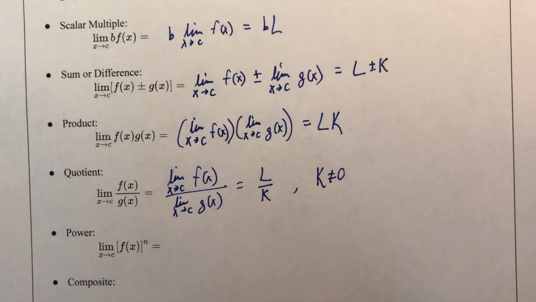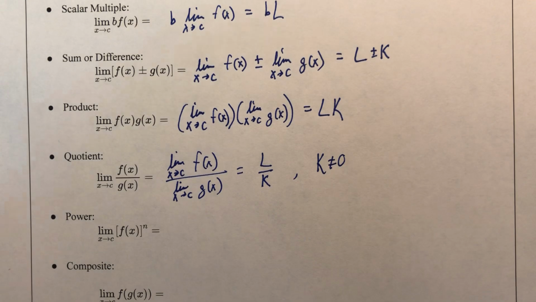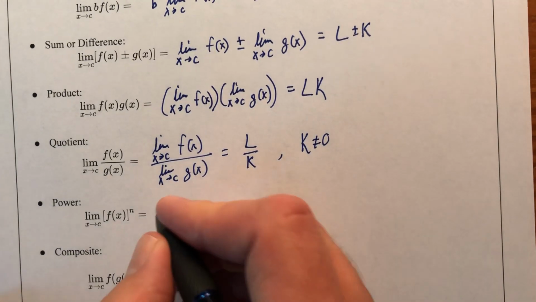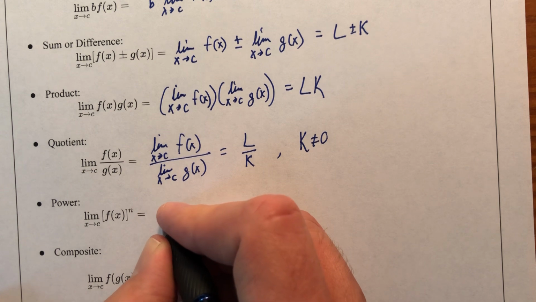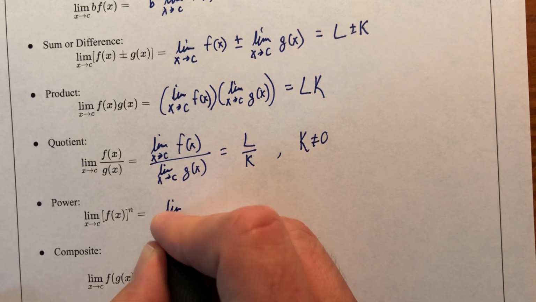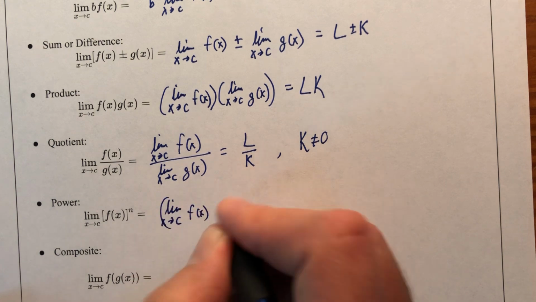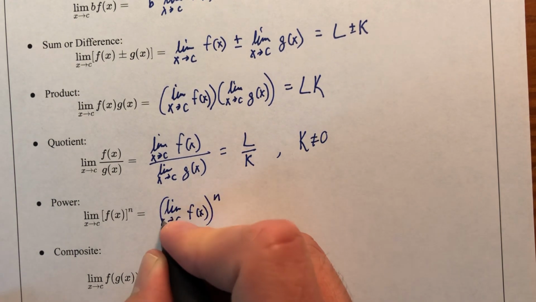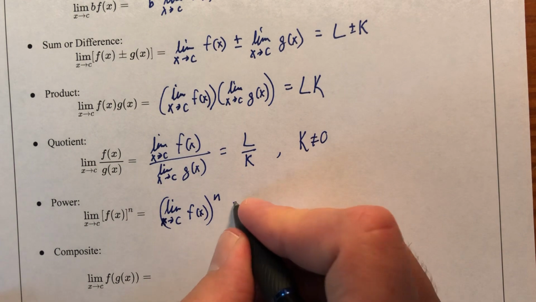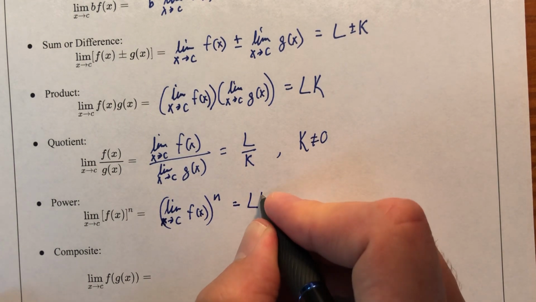And then if we raise something to a power, which we actually had right there, if we raise something to a power, then it is the same thing as raising the entire limit to that power, to the n. And that would be L to the n.